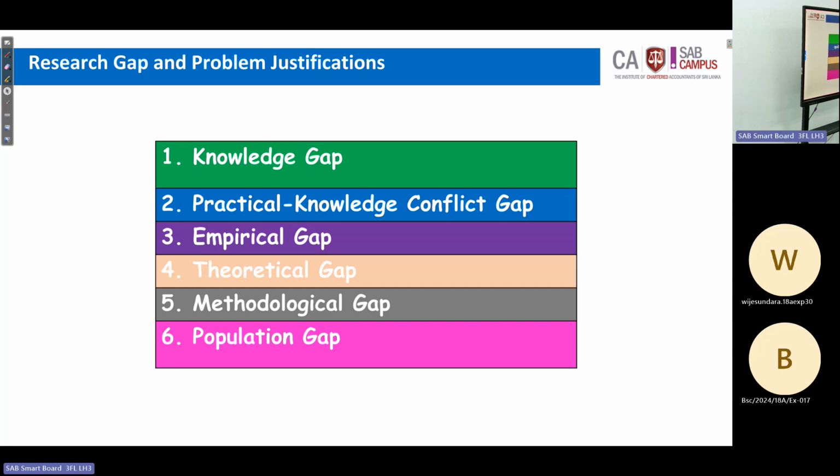Qualitative research. Qualitative research. Yes. Qualitative research. Using quality. Okay. Any other idea?